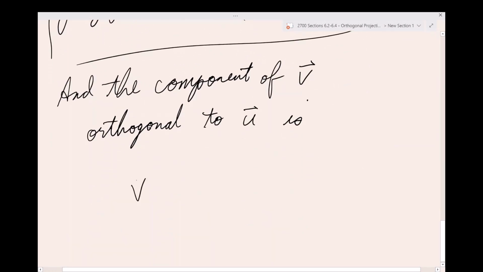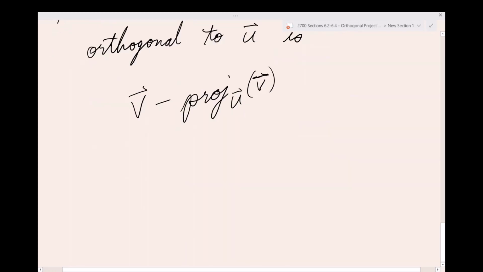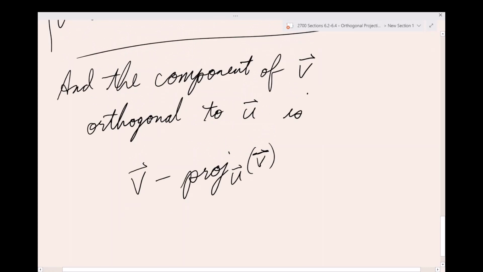So I could just take v and then subtract off its projection onto u. So if I had my vector v, I had my vector u, if I look at its projection onto u, if I subtract that off, that would give me this vector here, which is exactly that component orthogonal to u. That gets me to v. All right. Now, once we can do that, there's all kinds of geometric tricks and things that this helps with.